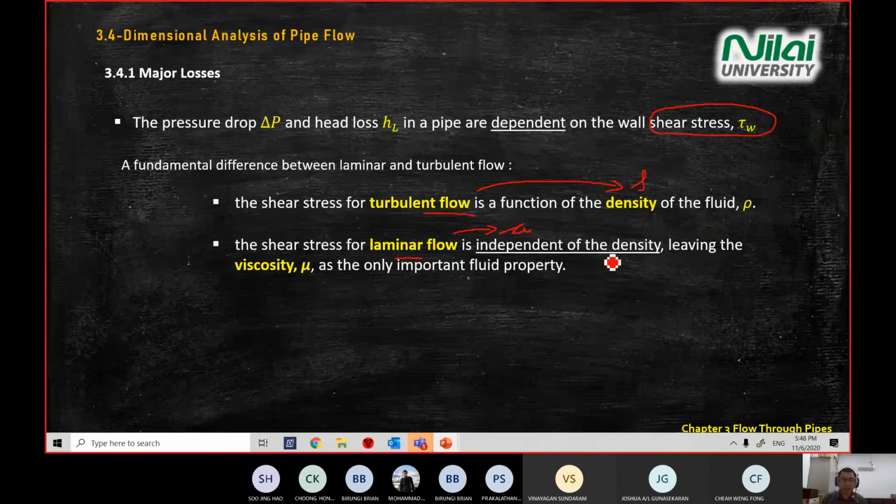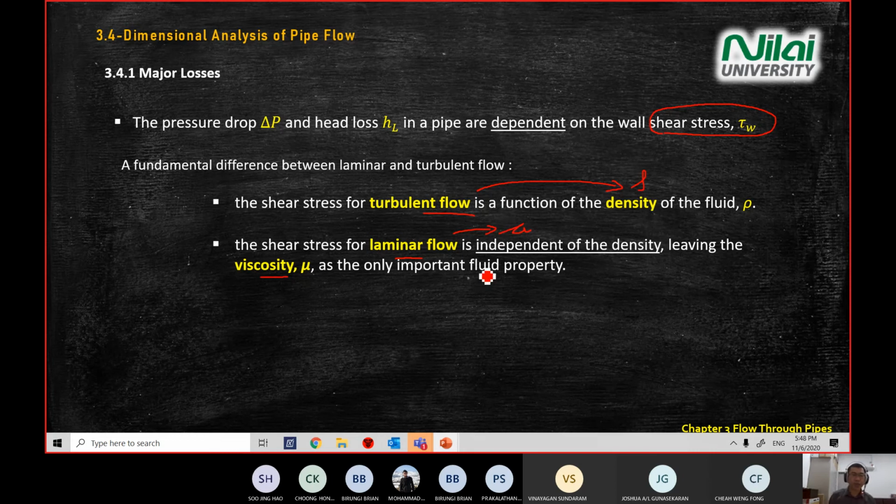When you have a laminar flow, it doesn't care about density; however, you look at viscosity. For turbulent flow, what can determine whether it's turbulent is the density of the flow. So this is the answer for question 29.